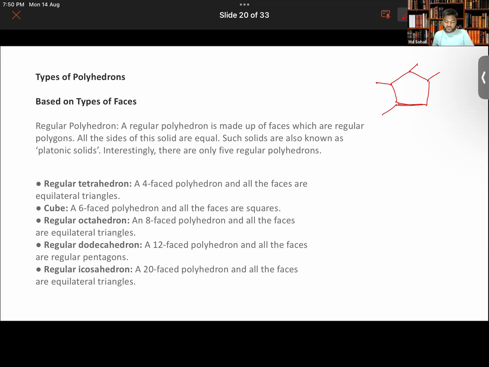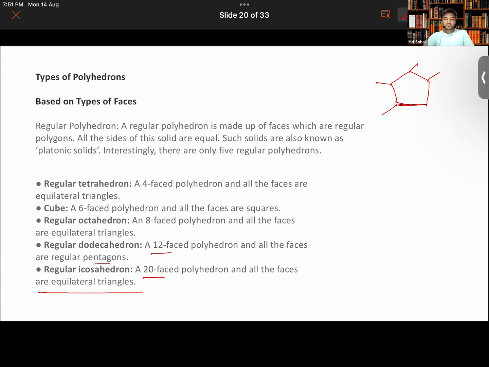Exactly. You stick them together and you get the shape of a dodecahedron. A regular icosahedron has 20 equilateral triangles.